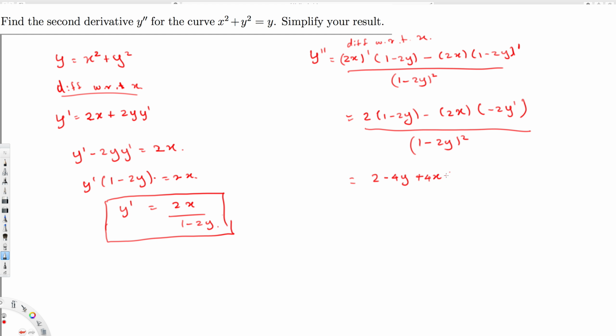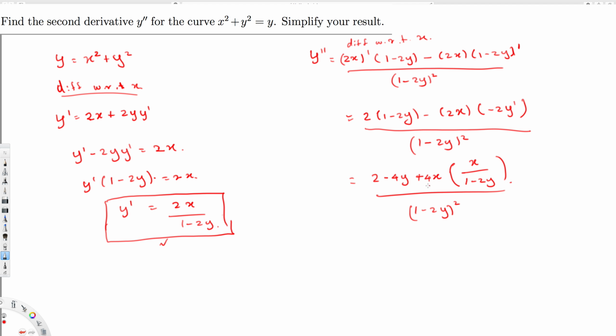Then we have y prime. I can substitute this y prime here. We have y prime already, so we can plug this in for y prime. So it's going to be 2x over 1 minus 2y, over 1 minus 2y squared. I can't bring in the 1 minus 2y because this is simply multiplying only the 4x.